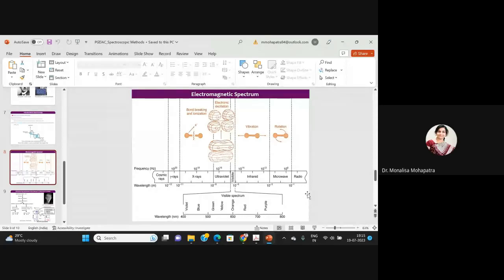If you are using fluorescence spectroscopy, you can't use Beer-Lambert's law. Why? Because Beer-Lambert's law is a ratiometric technique applicable to the UV-visible spectrophotometer.